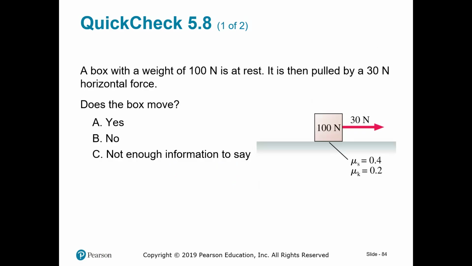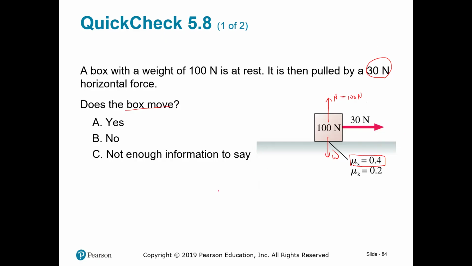Okay, so in this case, a box with a weight of 100 Newton is at rest. So the weight is 100 Newton, so the normal force is 100 Newton as well, right? It is pulled by a 30 Newton horizontal force. Does the box move? Now you have to apply the maximum static friction force in order to initiate the motion.